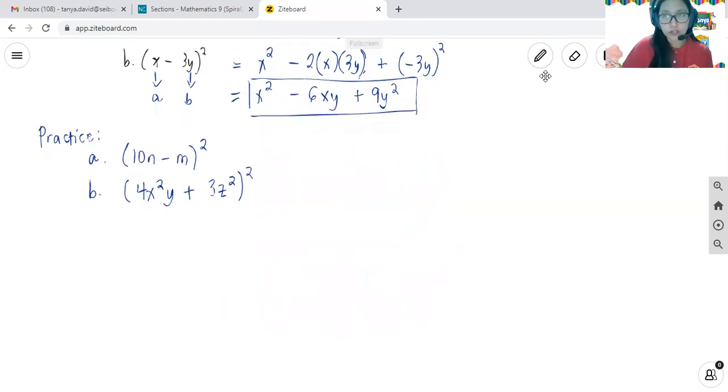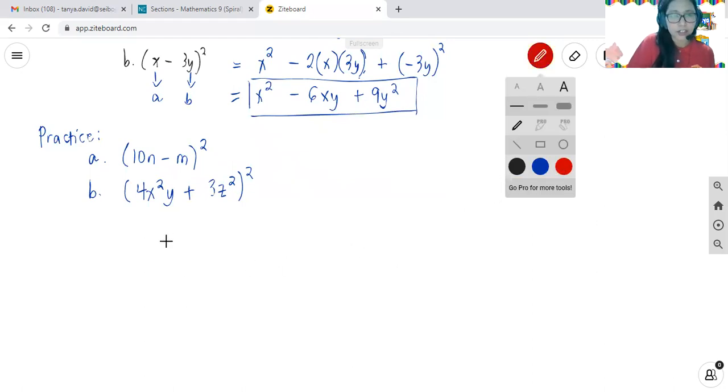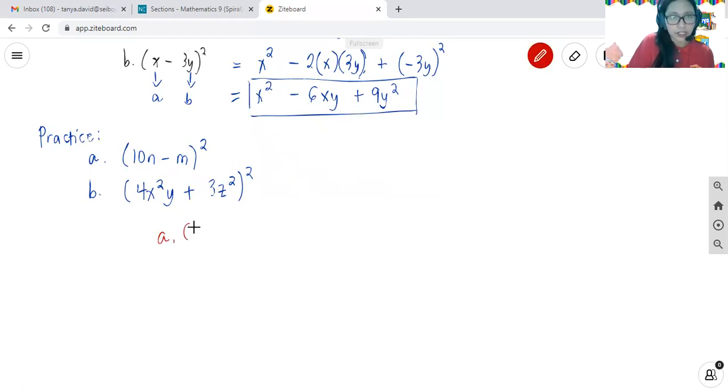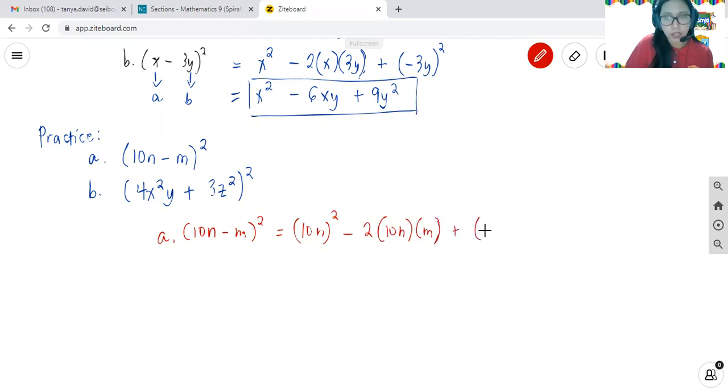So let us solve this practice exercise. Let's have our answer for letter A. It's 10n minus m squared. So square of the first, minus twice the product of the first and the last, plus the square of the last term.